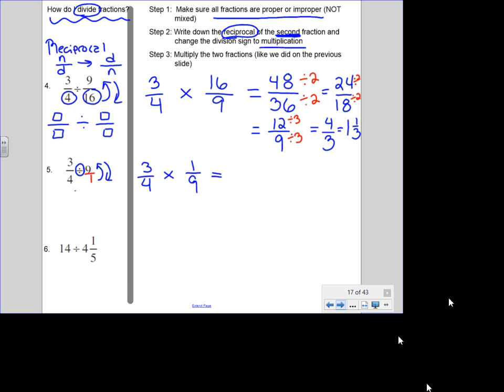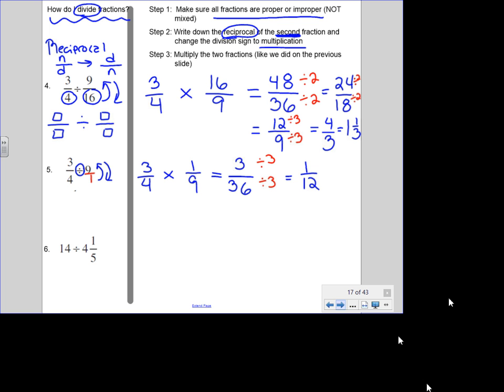Now I can multiply numerator by numerator and denominator by denominator. And they are both divisible by 3. So I'm going to divide by 3. And I wind up with 1/12.